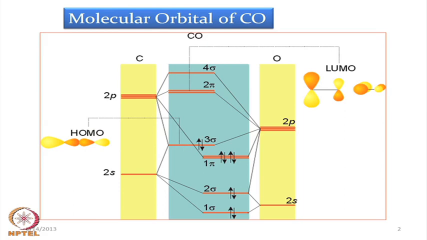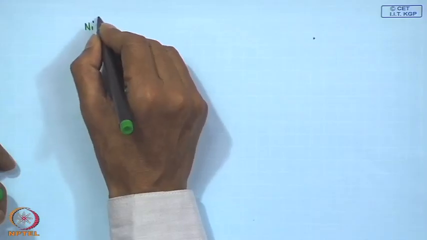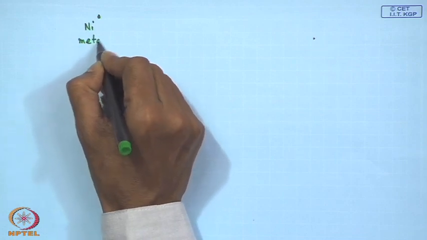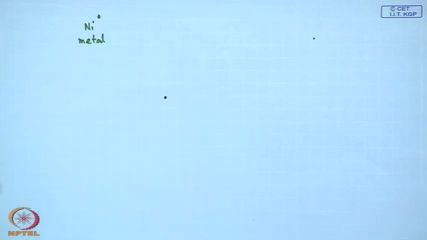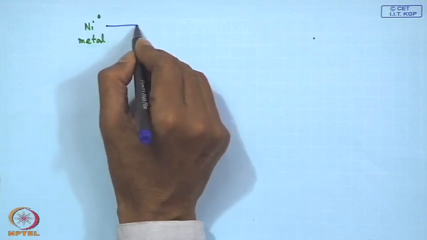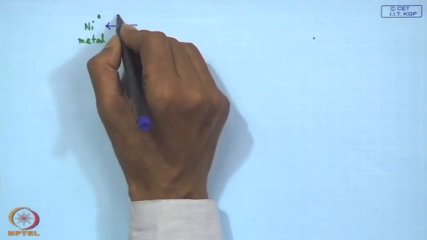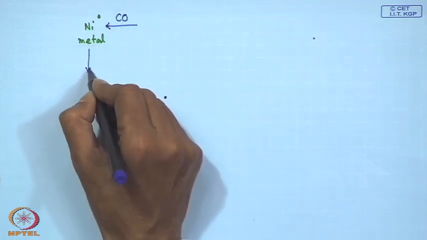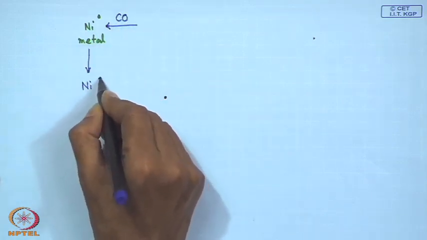The metal we are talking about is the metal in 0 oxidation state, because we know that nickel forms in 0 oxidation state. That means nickel is in metallic form, and we all know that if we have finely powdered nickel in our hand and pass carbon monoxide gas over it, we can produce the tetracarbonyl complex of nickel through the Mond process.